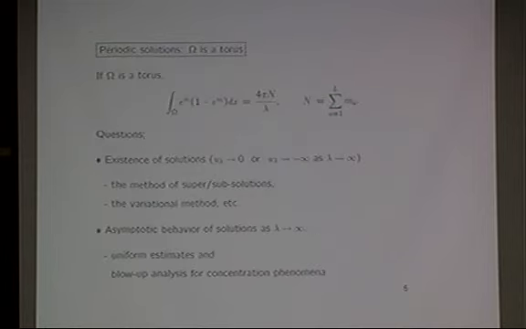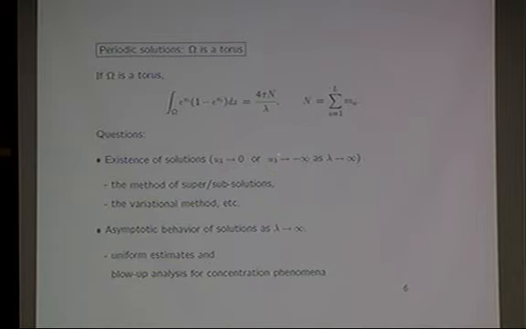Okay. So, in view of this equality, we may raise two interesting questions. The first one is to prove existence of solutions, I mean, two different kinds of solutions. The first one tends to 0, and the second one tends to minus infinity as lambda tends to infinity.